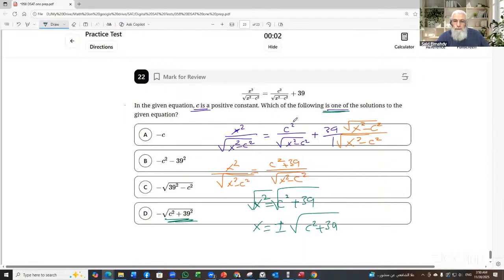This should be here. x squared is equal to... x is positive, so which of the following is one of the solutions to the given equation?